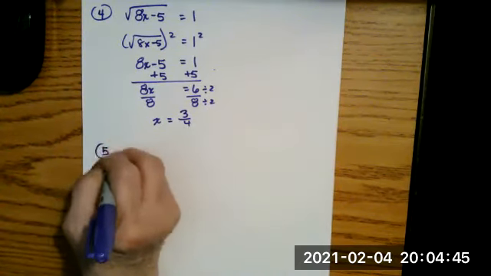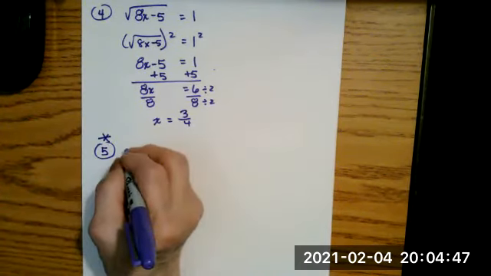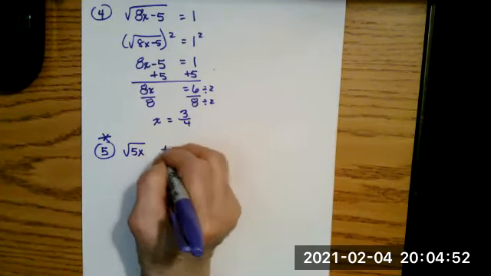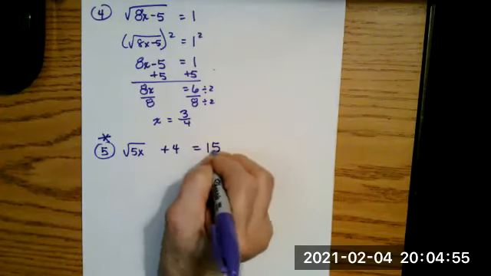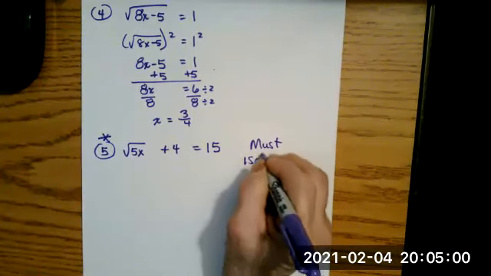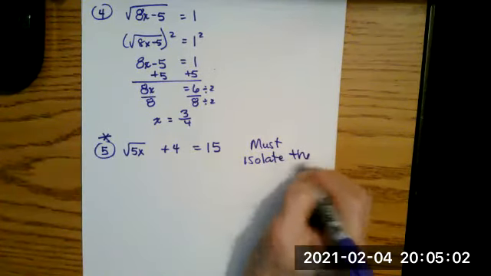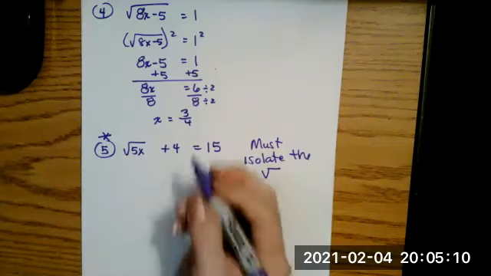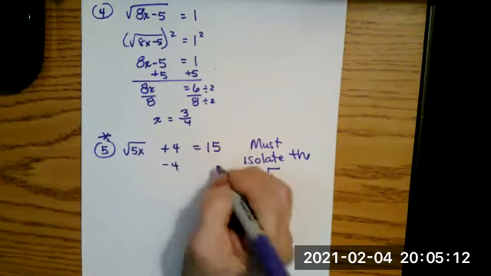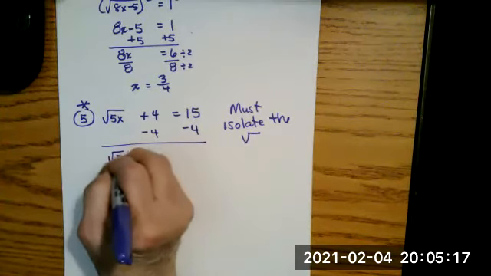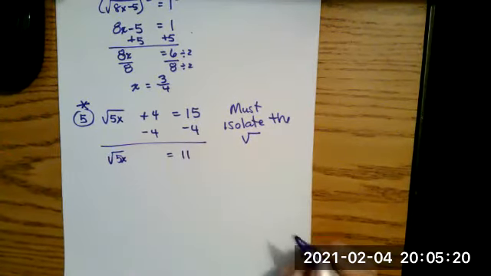Number 5, I'm glad you stayed on board with me, those of you that did, because number 5 has a little bit of an exception to the rule that you might not know about unless you did it. You must isolate the square root. If you don't get it all by itself on one side first, then the problem becomes very difficult to solve. So first, subtract this 4 from both sides, and you get the square root of 5x equals 11.